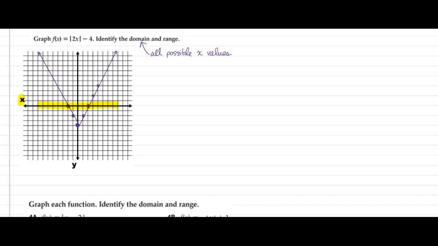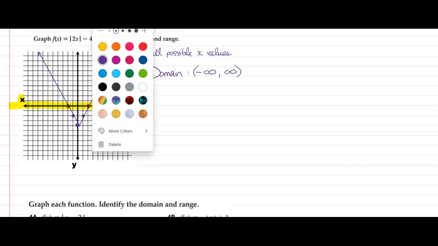But even though my line stops because my graph stops, it goes on forever. So I know I could actually keep on going. Same thing to the left. That line goes on forever. So when would I stop highlighting my x-axis? I never would. So my domain is going to be from -infinity all the way to +infinity. Now this is interval notation. That's how we write all the possible numbers.